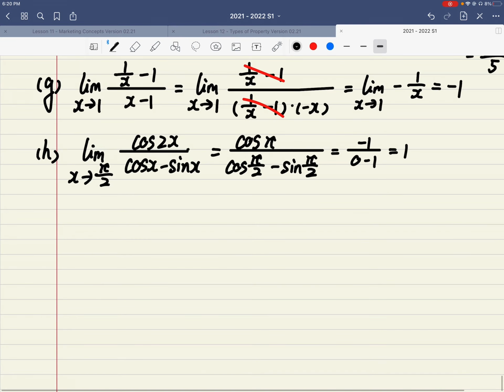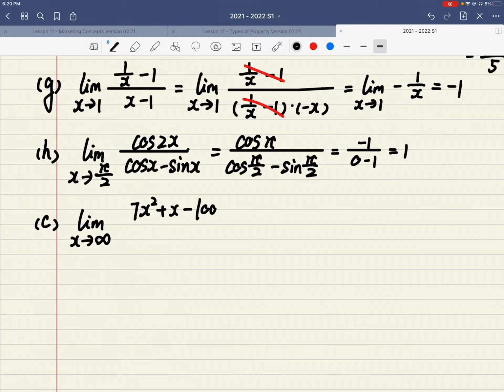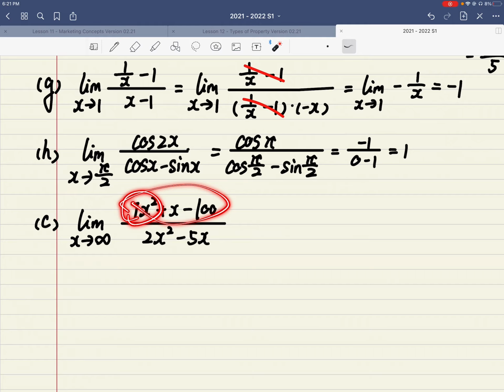Okay. Then let's do problem C and problem D. In this case, now x is approaching infinity. So when x is approaching infinity, everything's changed, because now the top is going to be approaching infinity, and the bottom is also approaching infinity.